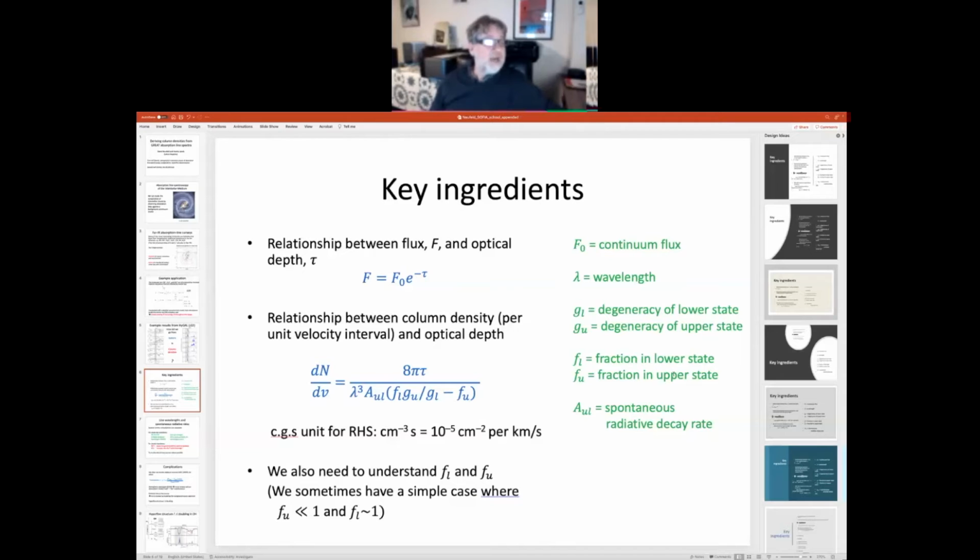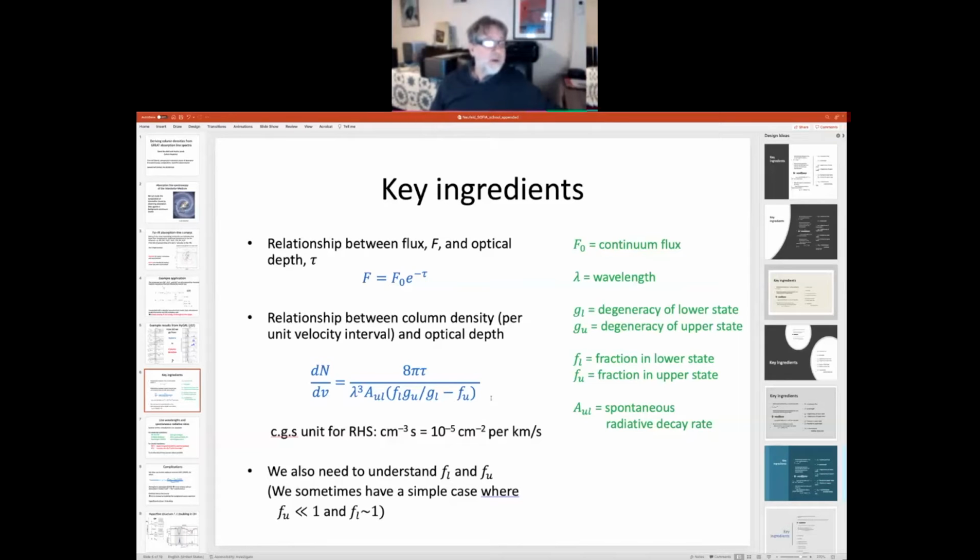And then there's a relationship between the optical depth per unit velocity interval and the column density per unit velocity interval, which is shown by this second equation. What's in here is the wavelength lambda, the spontaneous radiative decay rate, the Einstein A coefficient, and then the fraction of molecules in the lower and upper states of the transition.